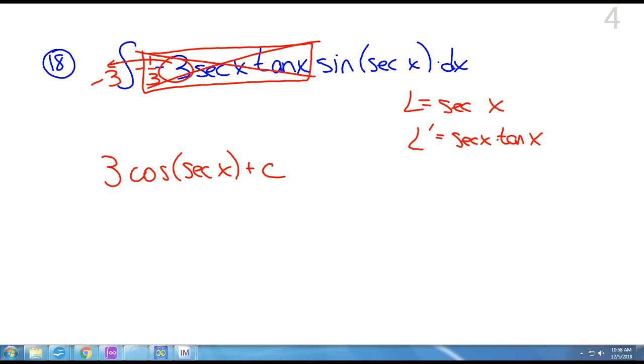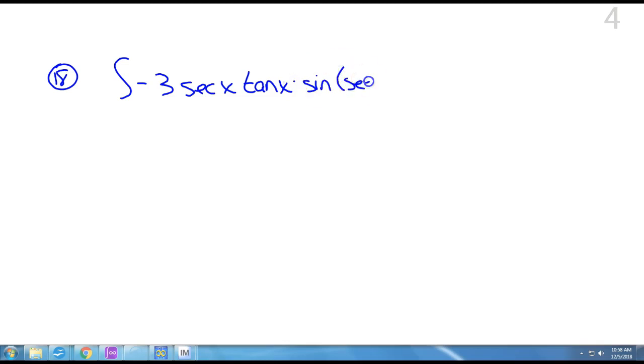Okay. I'm going to rewrite it because that's kind of a mess. So if we're doing it the u way, what's u?